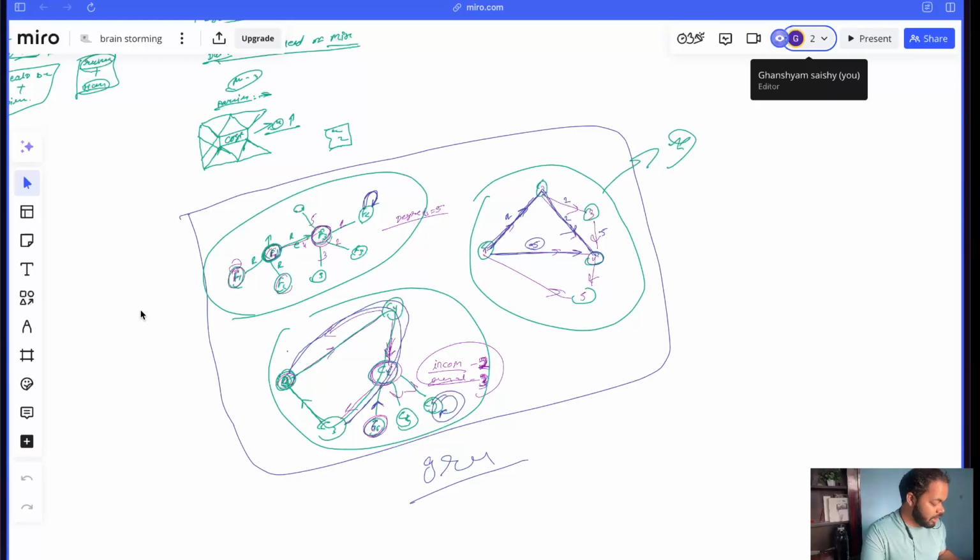So this is a disconnected graph. If a graph has any two subgraphs which are not connected, then it is a disconnected graph. And if a graph doesn't have any part which is not connected, then it is a connected graph.